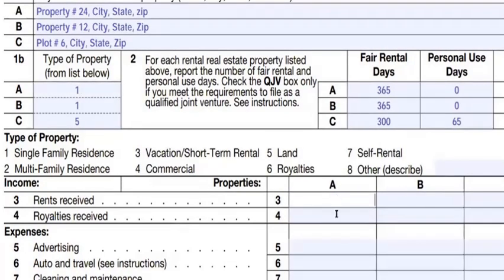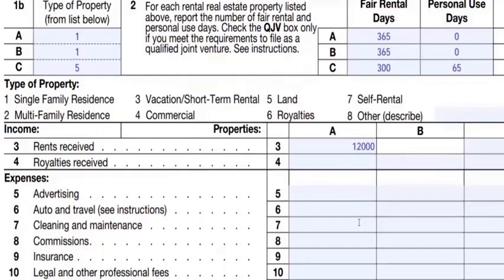We are going to receive the rent only, because that's a single family residence. So maybe throughout the year it was rented out for 365 days. What is the total rent they received in the year? It could be like 12,000, right? And we'll go to the B property later. First we go to royalty. No, there is nothing. It is rent.